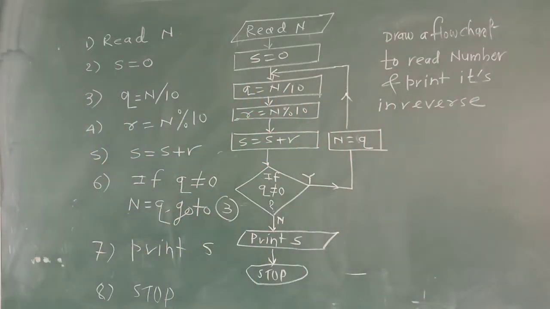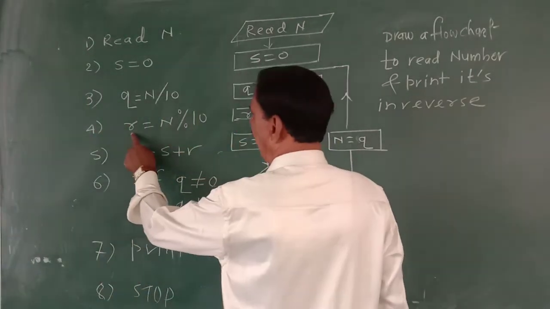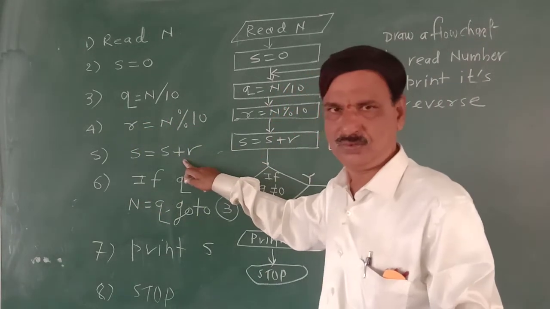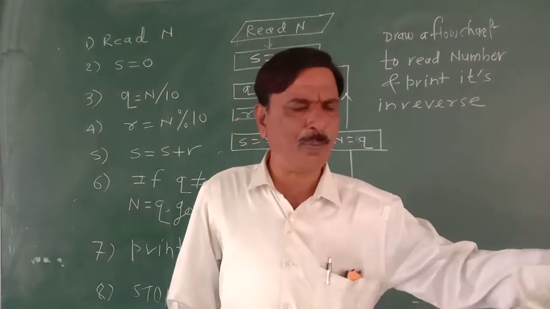You see, the logic is the same now. Here, at every R, we were going to add. And as R is obtained, if you are printing, what will happen?